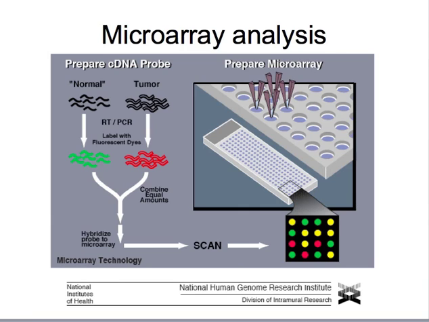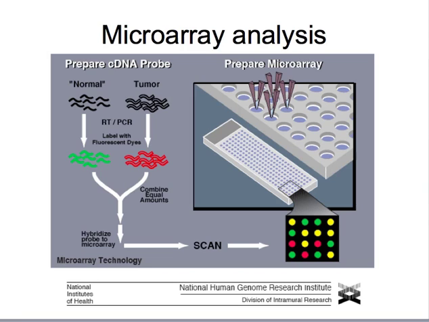In this case, they're showing us what looks like a microscope slide, and the robot dots it in a particular pattern so that you can find and know which position each DNA has been placed. Then you hybridize your probe to the array so that it will find complementary DNA sequences and bind to it.